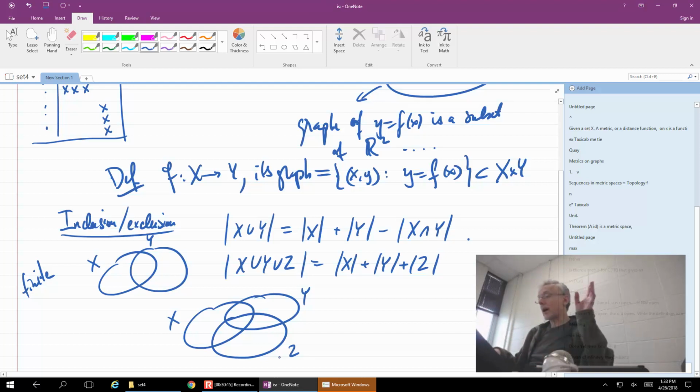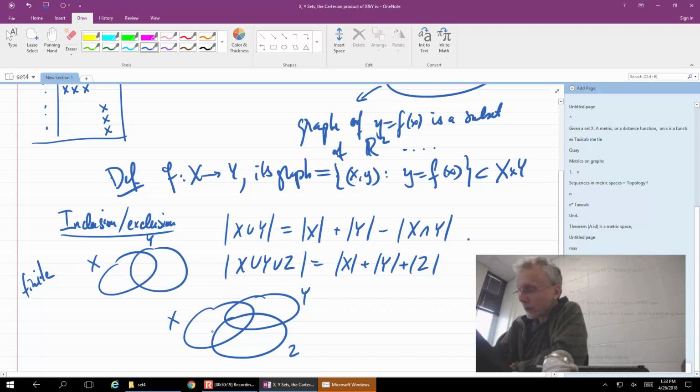Right now I counted everything, but some pieces I counted twice, and some, in fact, I counted 3 times. The intersections are counted twice unless it's a triple intersection, which is counted 3 times.